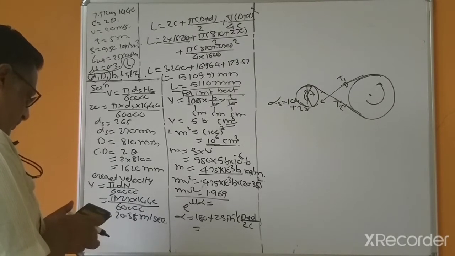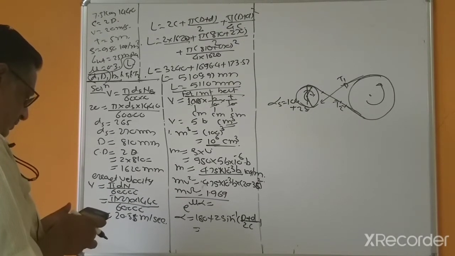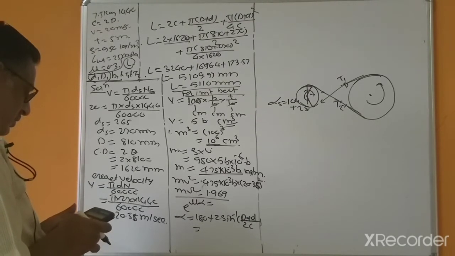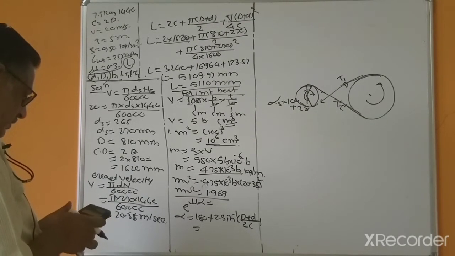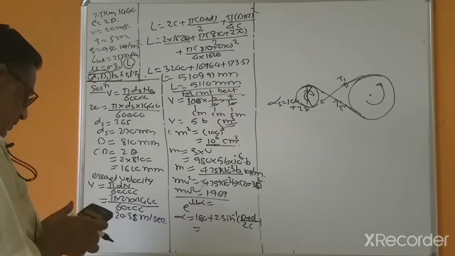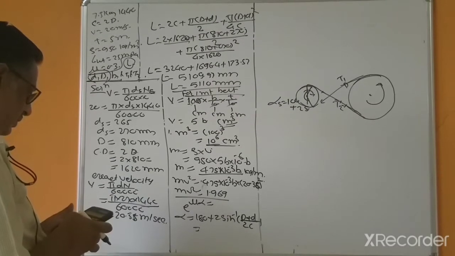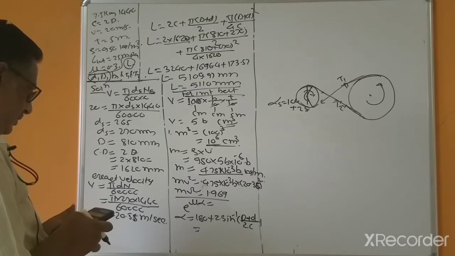D equal to 810 plus 270 divided by 2 divided by 0.33.